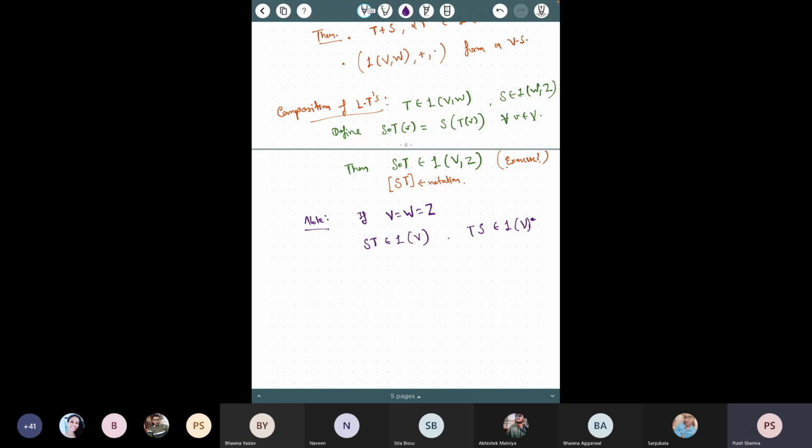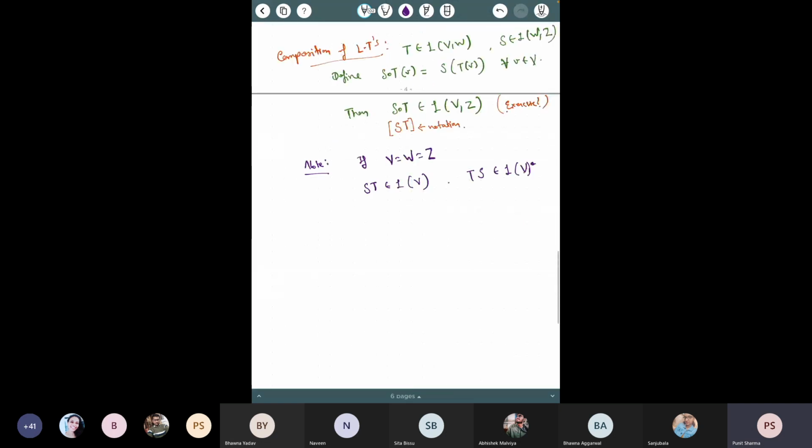So it is like you can talk about a sort of multiplication, and this L(V) has a multiplication defined on it by composition.